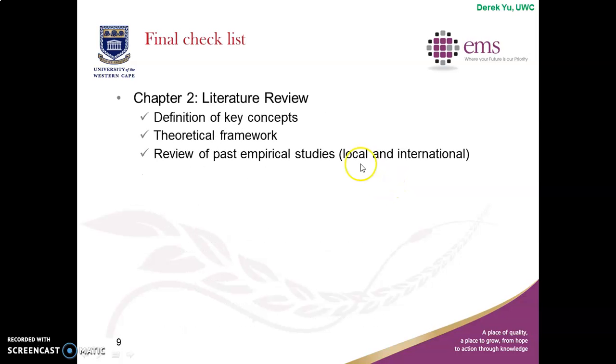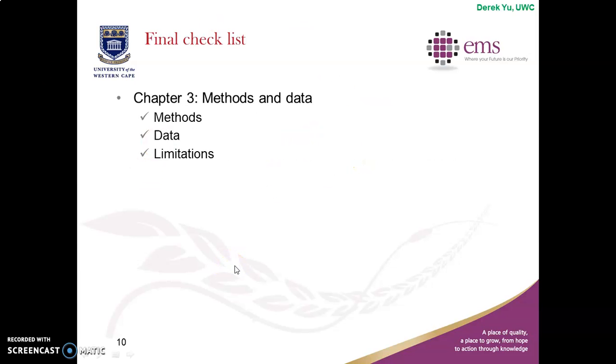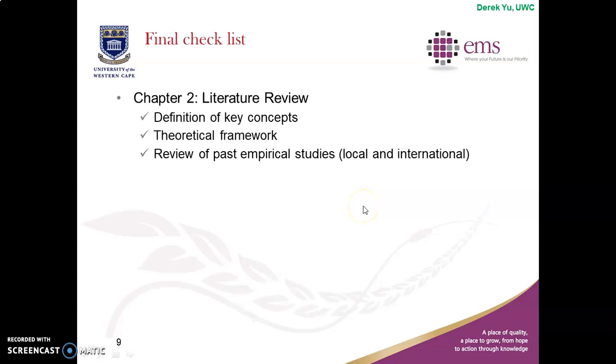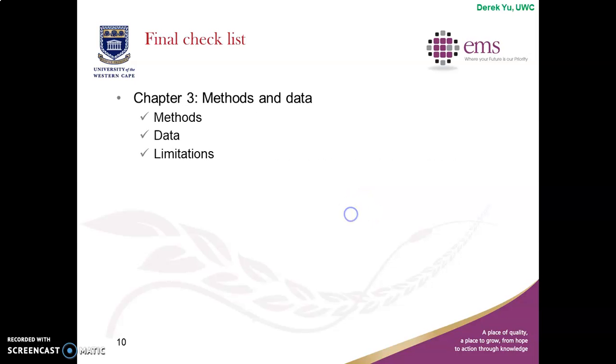Okay, and whether there is a lot of local empirical studies. If there are very few local empirical studies, you might really need to go for international studies as well, in order to highlight the fact that there is hardly any local studies being done.